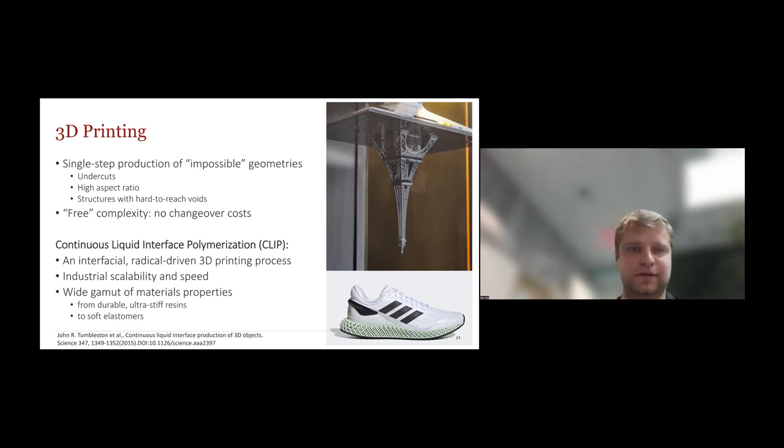It enables single step production of geometries that would otherwise be impossible to produce with conventional manufacturing methods. And compared to something like injection molding, where you have a set mold and you create tooling to create a specific part, the complexity in this process is essentially free, because the same printer, the same device, can produce whatever part you choose as long as it can print it.